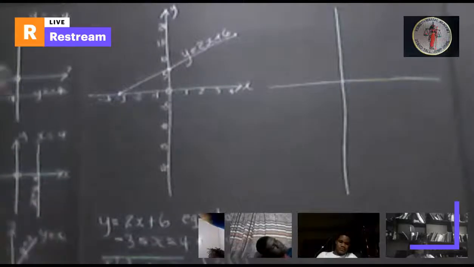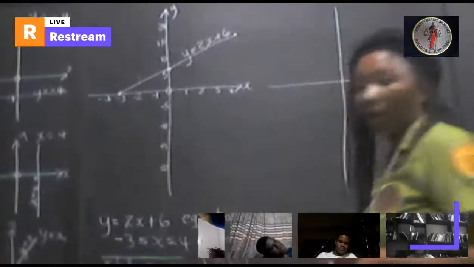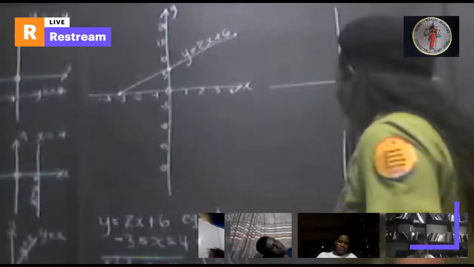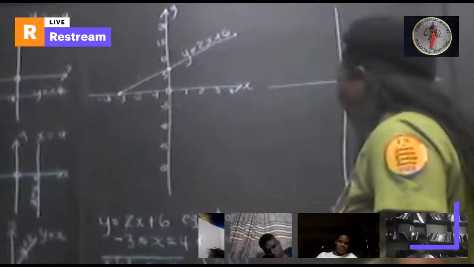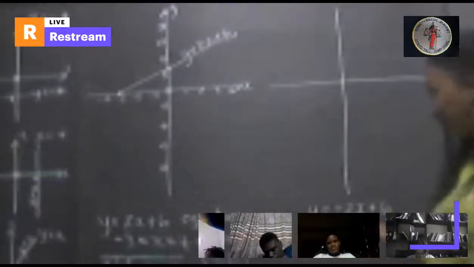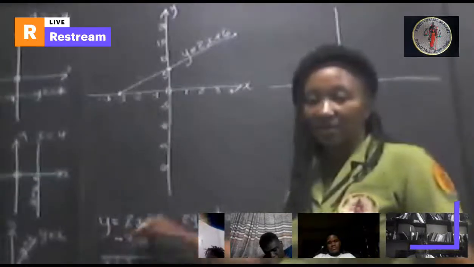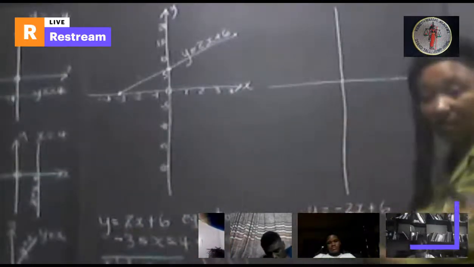So we're going to work on another line now. This time, I want the x coefficient to be negative. So let's do -2x plus 6. The difference here being this was a positive 2x. This is a negative 2x.